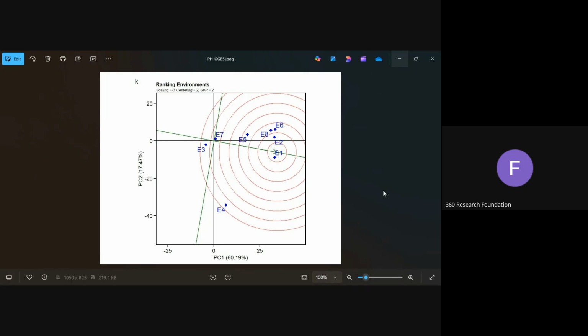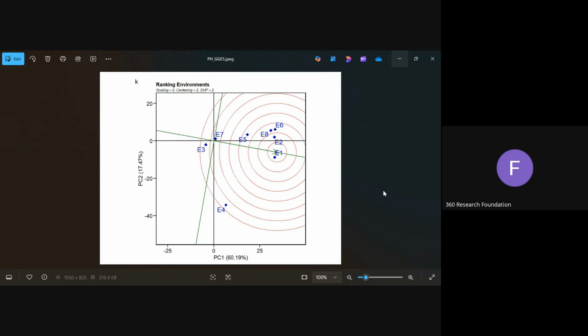So this kind of environment like E4 will be useful only for selection of specifically adapted genotypes. So from all these 8 environments, if you want some precise interpretation, it is simple: environments E1, E2, E6 and E8.